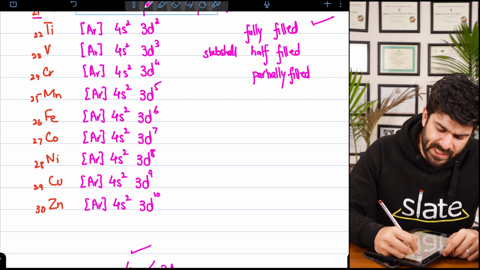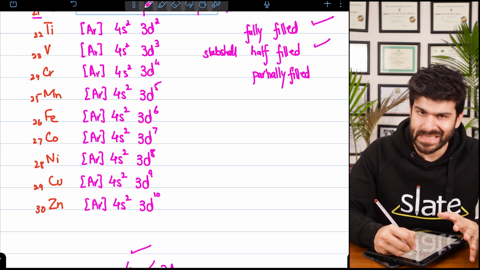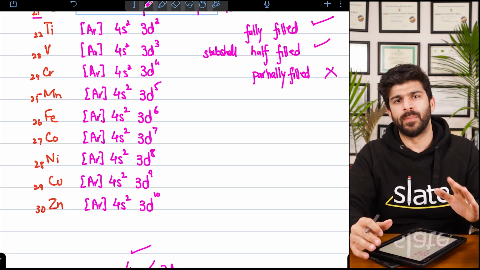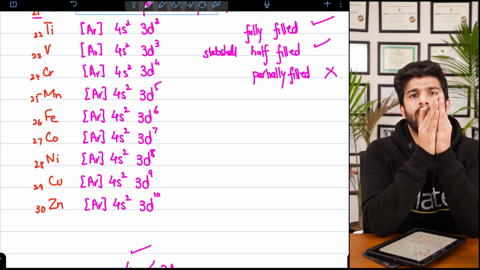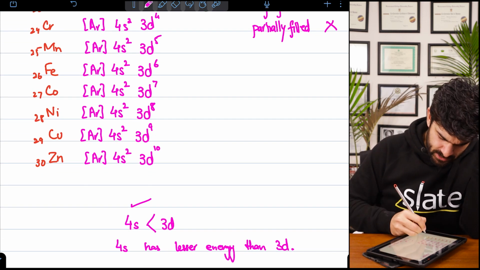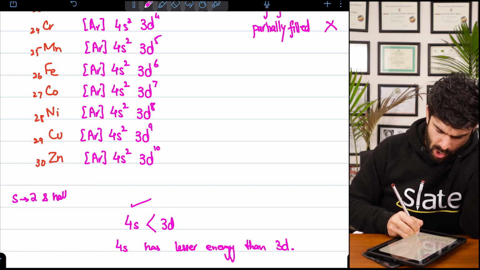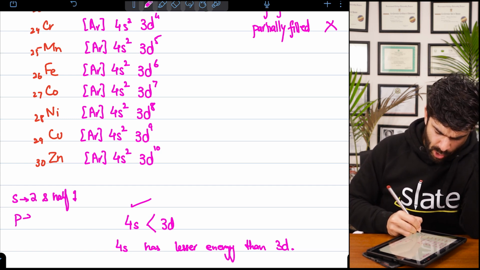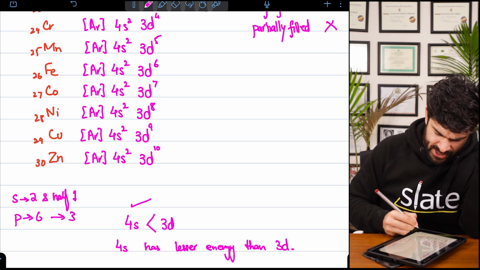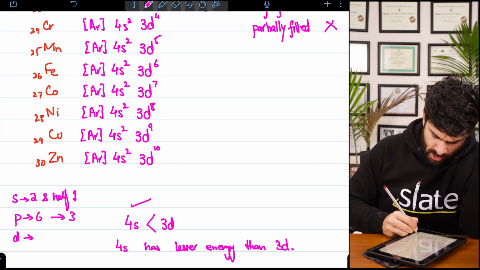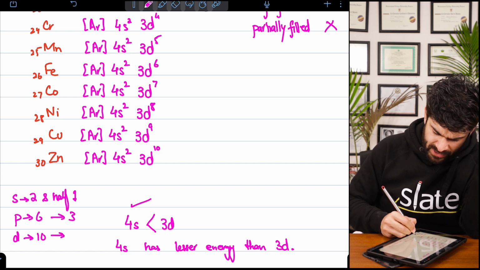Fully filled means stability, half filled also means stability, partial is not stable. So, for instance, for S, full is 2 and half is 1. For P, full is 6, half is 3. For D, full is 10, half is 5.